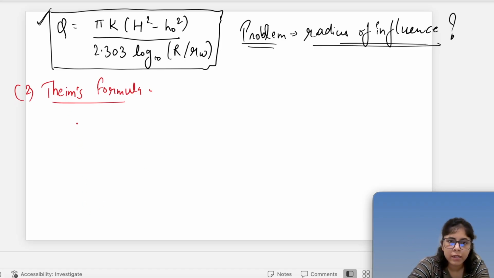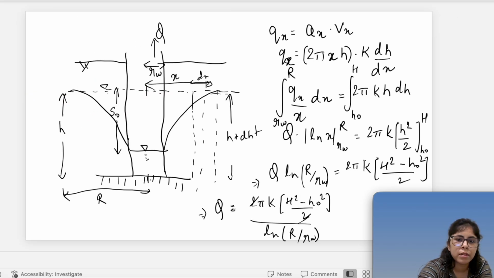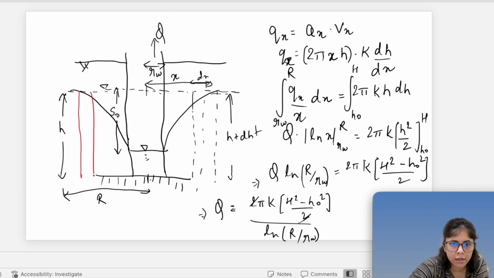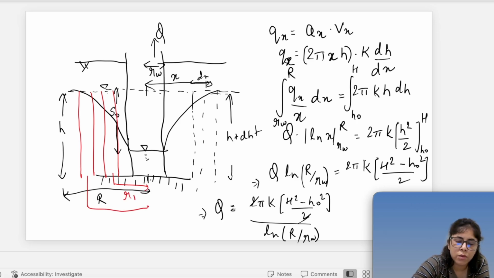So basically in the same diagram, if I put two wells, something like this, one well is here, and another observation well is here with the distance r1 and the distance r2. So he did nothing that much changes, just he kept two observation wells r1 and r2 from our original well distance.